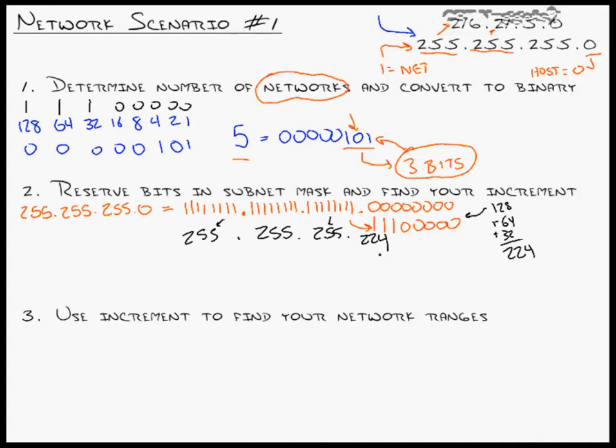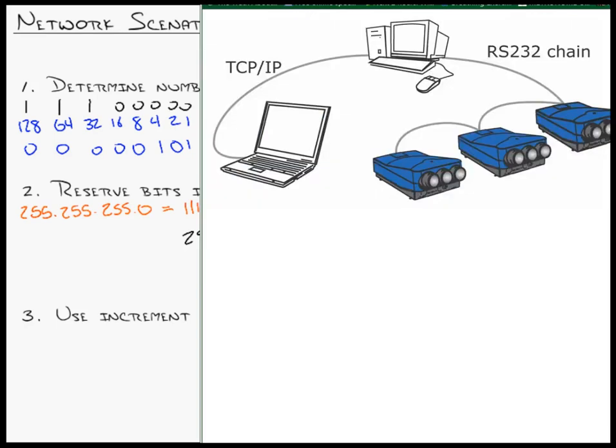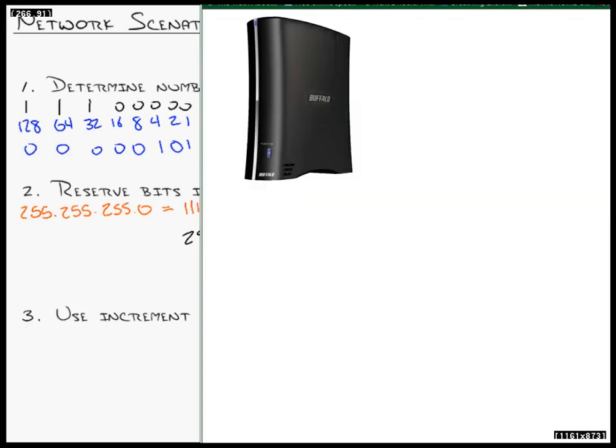Every single device will use this subnet mask. Every single router, every single printer, every single overhead projector, every single NAS device, network attached storage, every computer, everything will use this subnet mask. Here's a network attached hard drive.